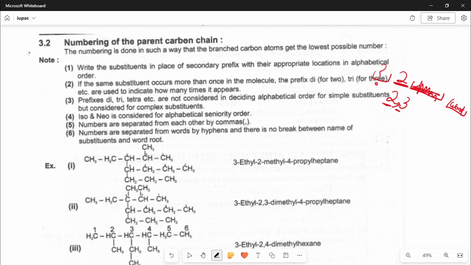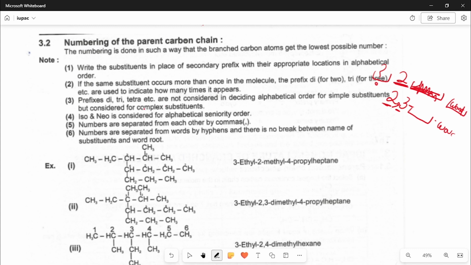If it's present on 2 and 3 both, then we will write 2,3 and the substituent name. Prefixes di, tri, or tetra, etc. are not considered in deciding the alphabetical order for simple substituents like methyl, but are considered for complex substituents.